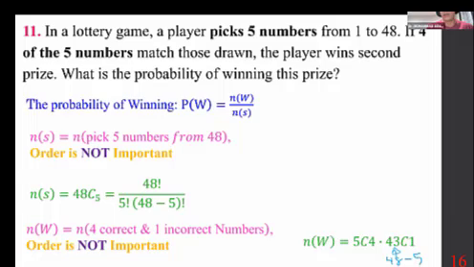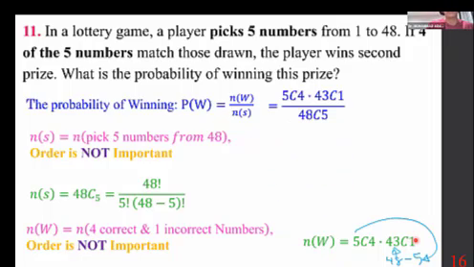48 minus 5. Okay. I want to make sure everybody understands where the numbers are coming from. So we want 4 correct out of 5. Combination of 5, choose 4. And 1 can be incorrect. If 5 numbers are correct, then 48 minus 5 would be incorrect, which makes it 43. We want to choose 1 from.